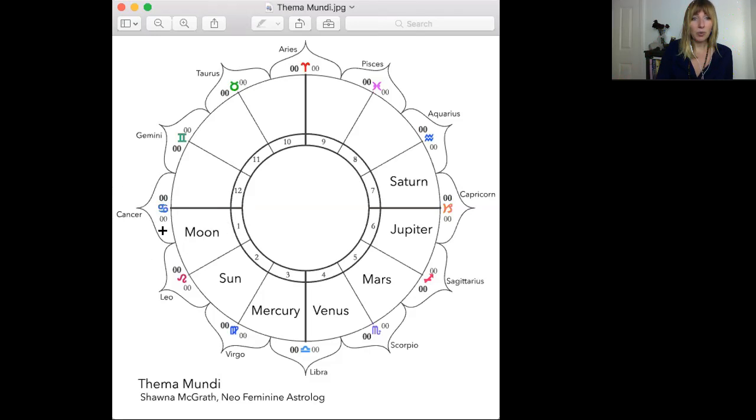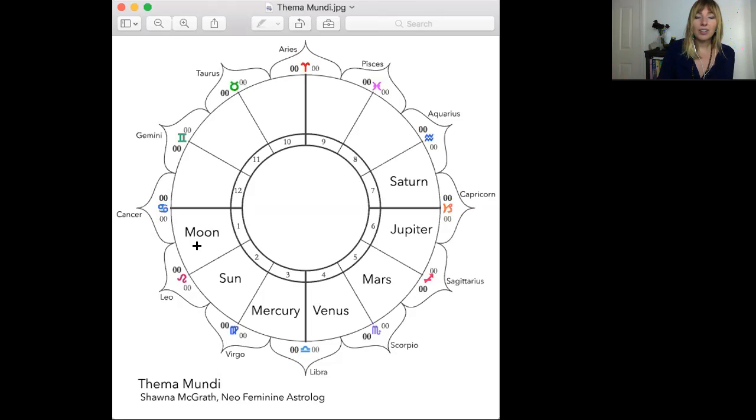But this is always going to be the rising area, always going to be the first house. And so the Thema Mundi will always start with Cancer, and I'll tell you more about why in a moment. And then, as with any chart, we'll go through the signs from Cancer to Leo to Virgo, Libra, Scorpio, and so on in order of the tropical zodiac.